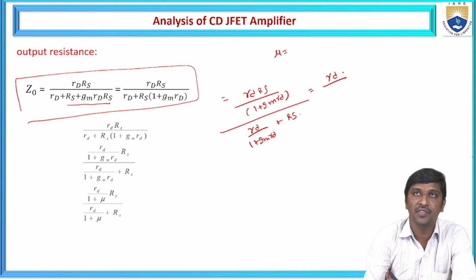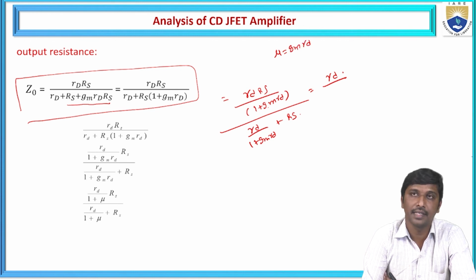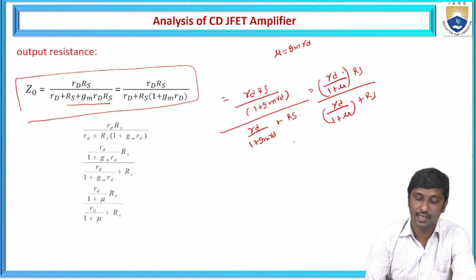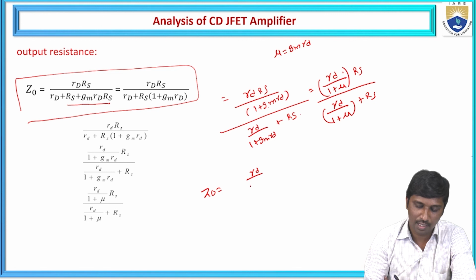We know that the amplification factor is equal to the product of transconductance and internal AC drain resistance. Hence, this is 1 plus mu times RS by RD by 1 plus mu plus RS. So from this we can say that Z0 is represented as RD by 1 plus mu in parallel combination with RS.